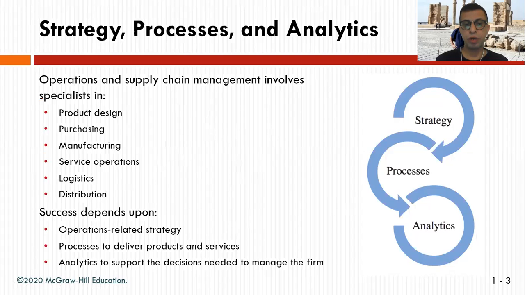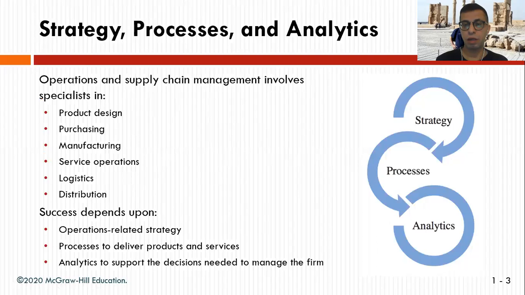Now, operation and supply chain management involves specialties in these fields that you can probably run into if you're going to work in this field, and we will also be talking about them during the year. It's about product design, purchasing, manufacturing, service operation, logistics and distribution.